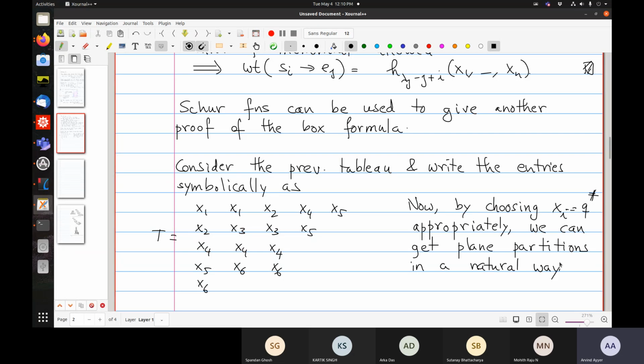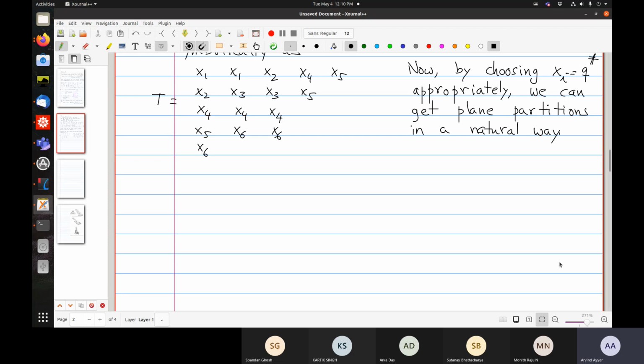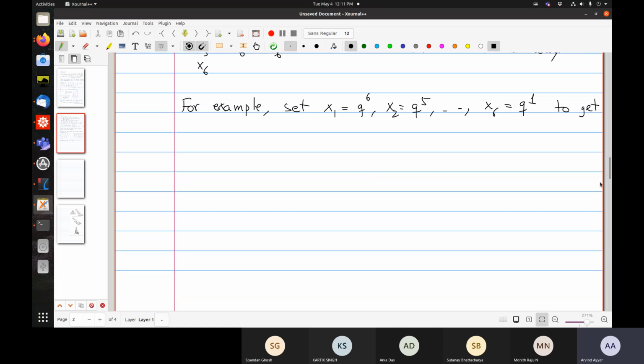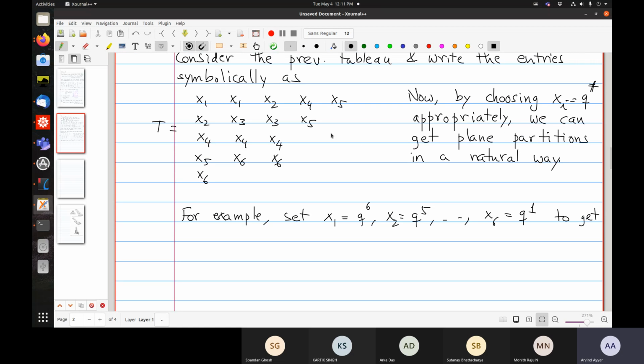So how do we do that? For example, in this example again, set x1 to be q power 6, x2 to be q power 5, and so on up to x6 equals q power 1. To get what do we get? Instead of writing q power 6, I'll just write 6 and so on.